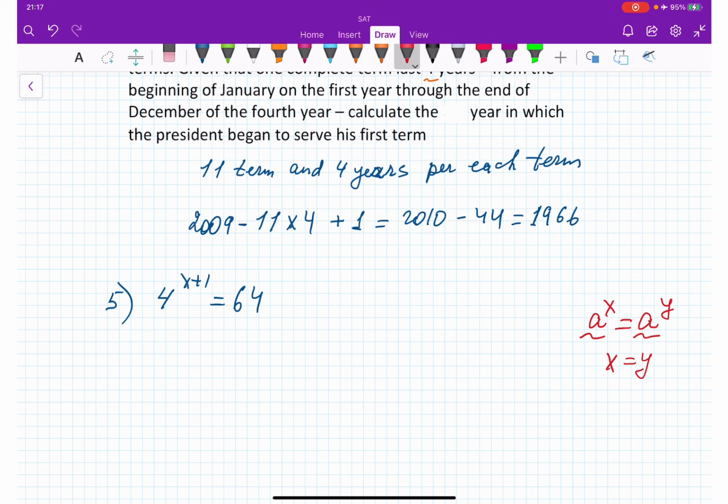So let's bring 64 to base 4. It's going to be 4 to the power x plus 1 is equal to 4 to the power 3, because 64 is 4 to the power 3. Therefore, x plus 1 is equal to 3 and x is equal to 2.